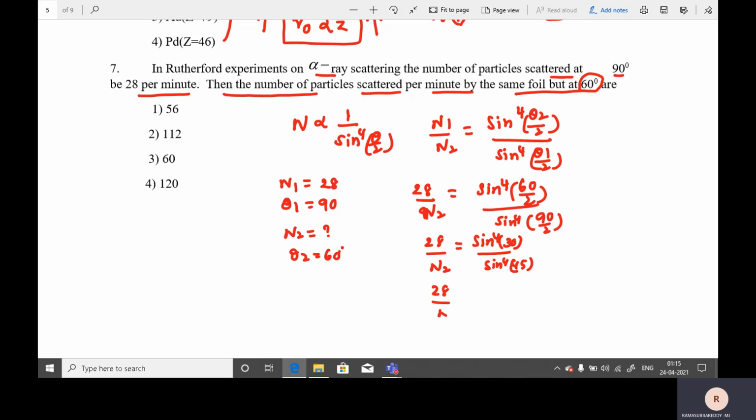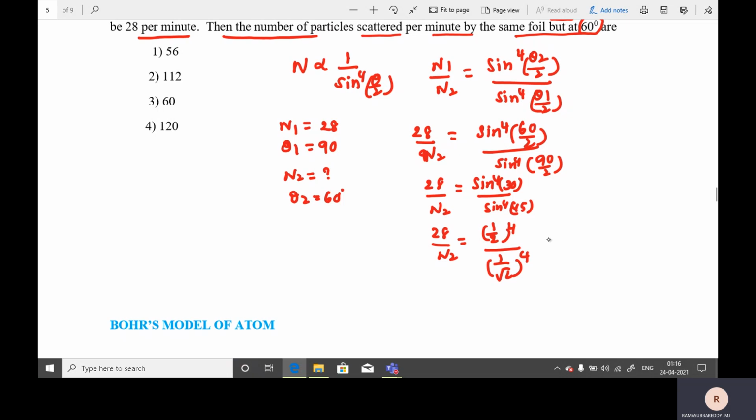Then 28 by N2 is equal to sin 30, which is 1 by 2, whole to the power of 4, by sin 45, which we know is 1 by root 2, whole to the power of 4.